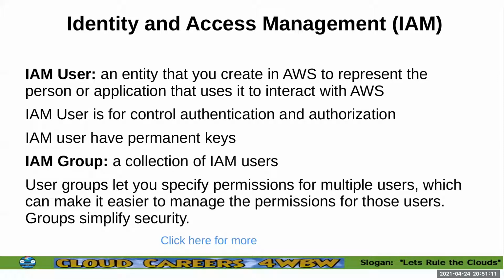So when you create another user, that's what is referred to as an IAM user. Anyone who has access to that account will be able to interact with AWS services for that account. That's why it represents a person or an application.